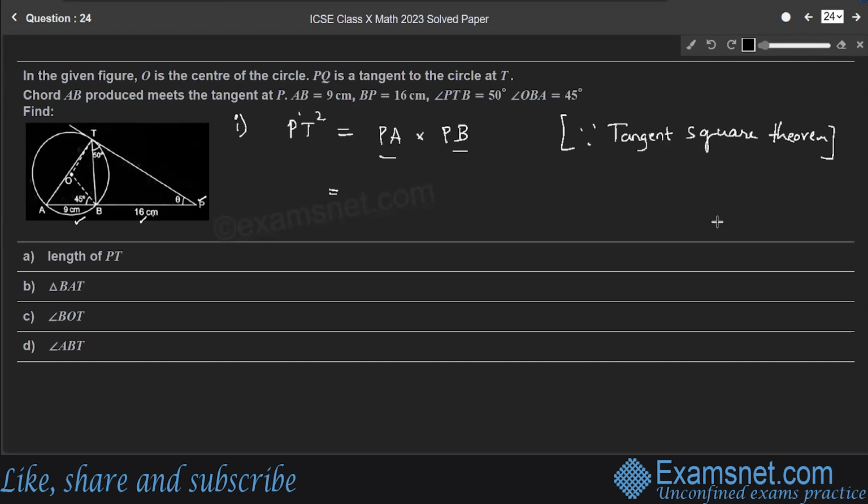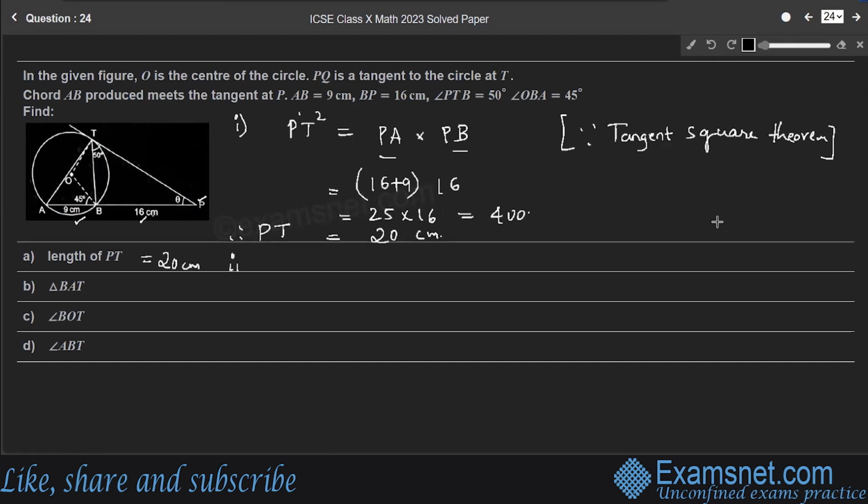So it is 16 plus 9 into PB, which is 16. So it is 25 into 16. So PT square, you will get 400. PT square is 400. Therefore, the length of PT, or the length of the tangent, is the root of 400, which is 20 centimeter. Therefore, the length of PT is 20 centimeter.